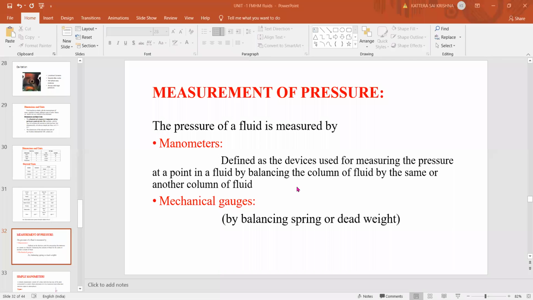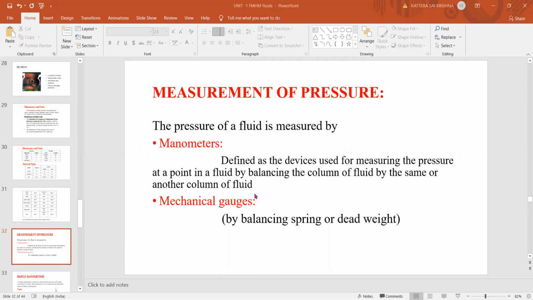Sometimes we will use the same fluid for the column. If it is a simple piezometer, we will use only water. And if it is differential manometers, we have two different fluids. One is a flowing fluid and the other one is a manometric fluid. So this is the definition for your manometer.